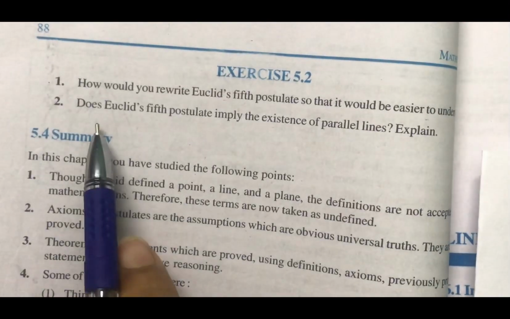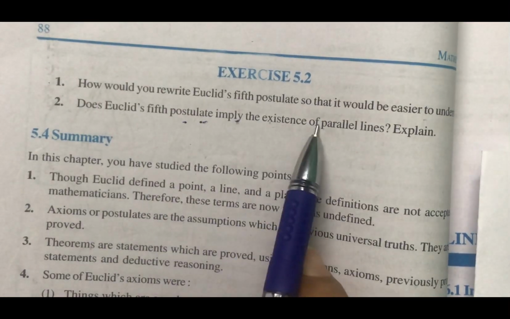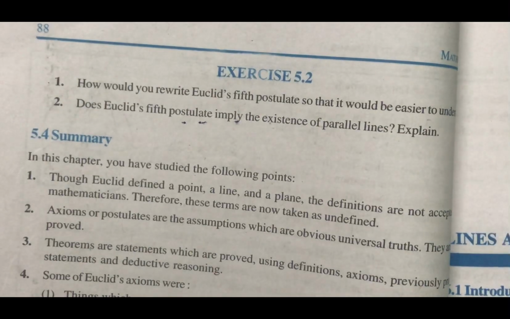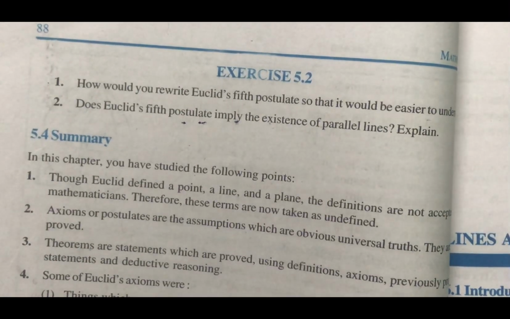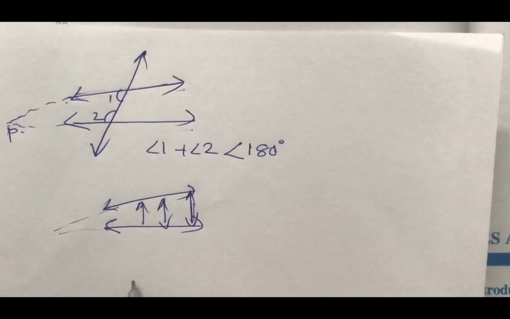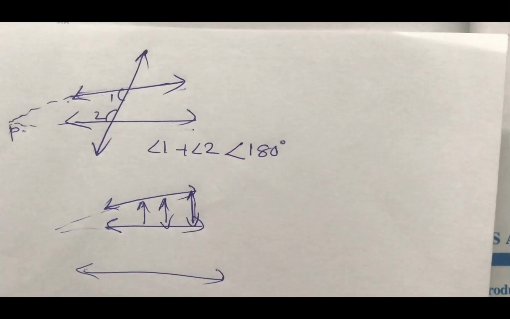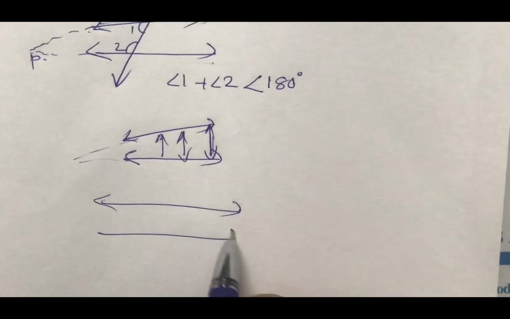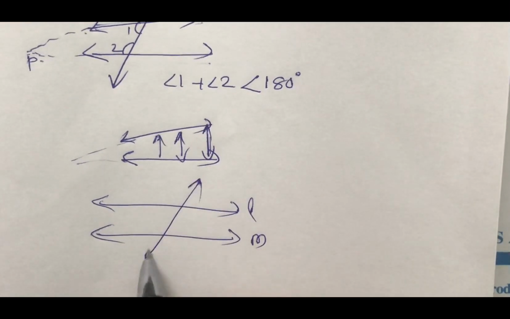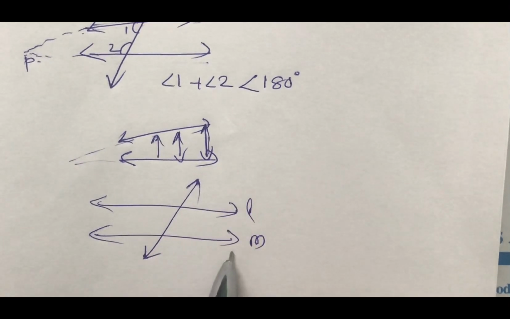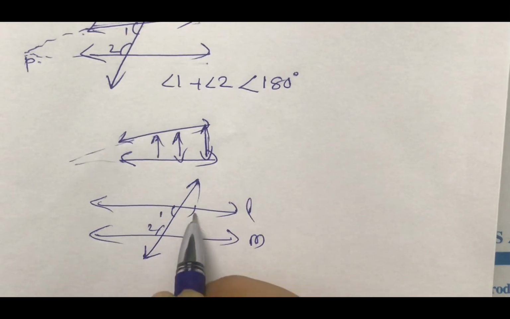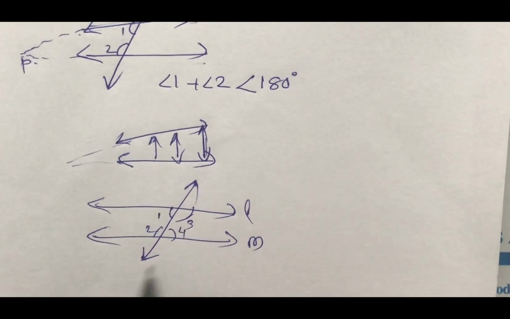This is question number 2. Does Euclid's fifth postulate imply the existence of parallel lines? Explain. Yes, Euclid's fifth postulate implies the existence of parallel lines. Consider two parallel lines L and M, and a straight line falling on these parallel lines and forming interior angles 1, 2, 3 and 4.